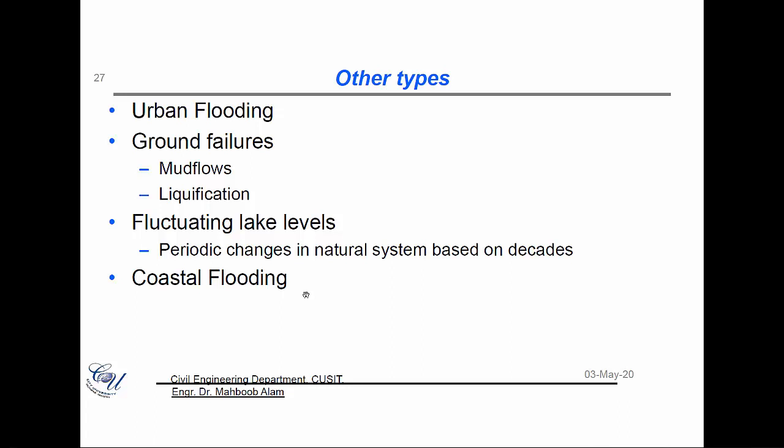Not in our areas, it's not very common, but liquefaction in other areas in European countries is quite frequent. Because of them, there is also a flood situation that is created on a lower, much smaller scale. It's not in terms of spatial area, these are not very big scale events, but still these things can happen.